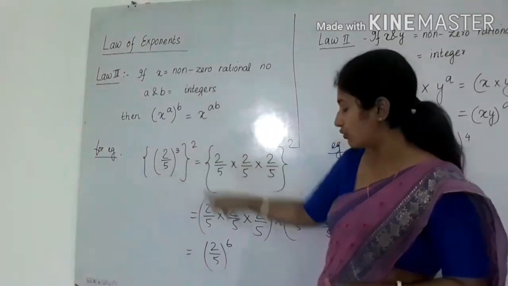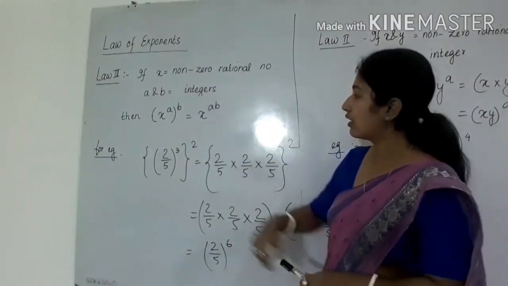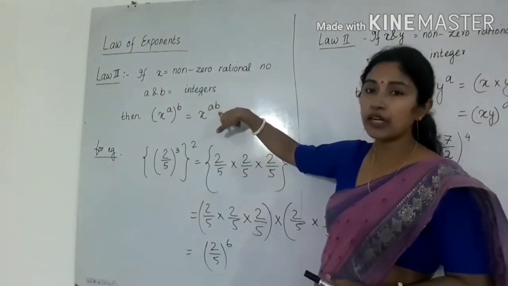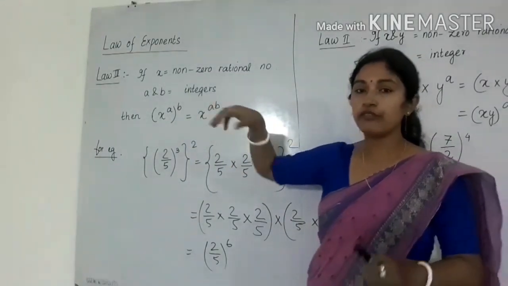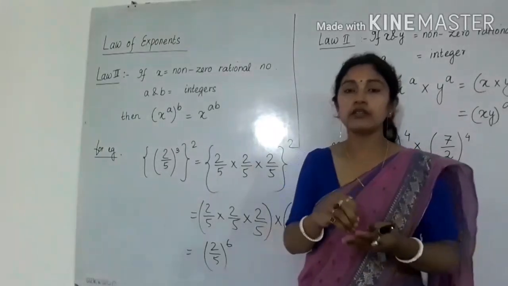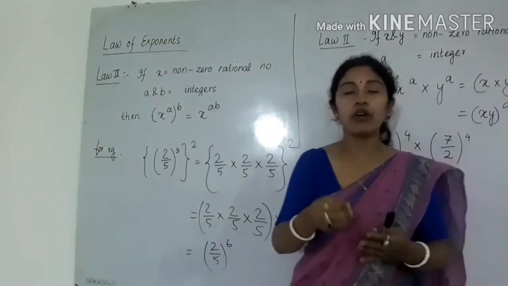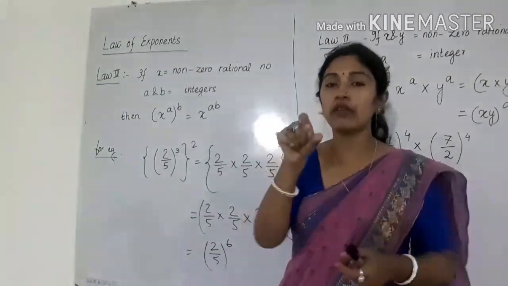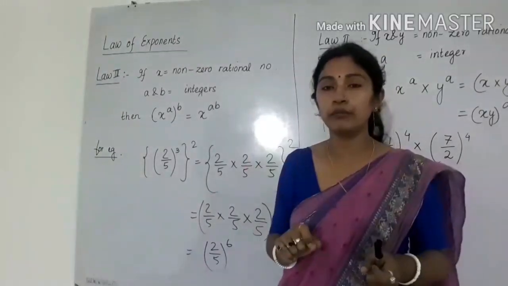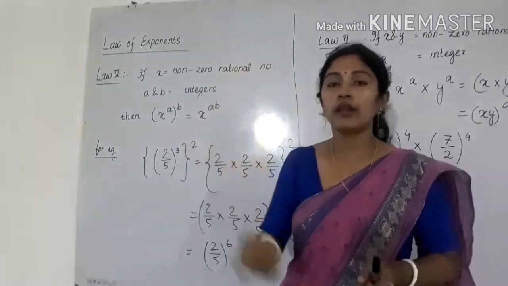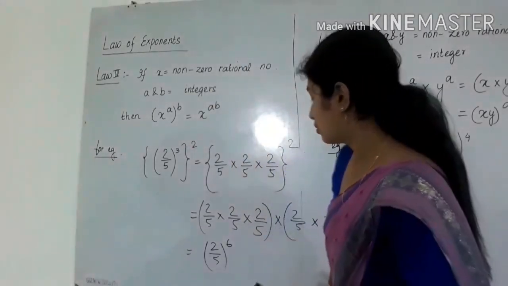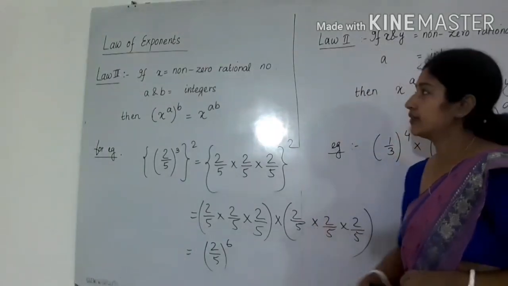So 3 into 2 will be what? 6. So here also a, b. That means A is multiplied with b. So if in base there is any rational number, and in power we have two powers, means whole to the power one power, and again whole curly bracket another power is there, then you have to multiply the 2 powers. So this is the final answer.